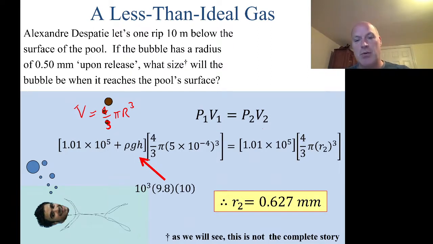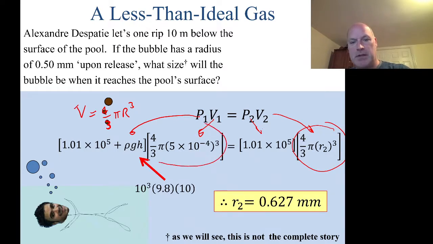Here, for example, you'd say P1 V1 is equal to P2 V2, and I guess they're saying the pressure at the top might be P2, volume at the top V2, pressure at the bottom P1, volume at the bottom V1, right? And so what they did was plug in the equation for volume, 4/3 pi r cubed.